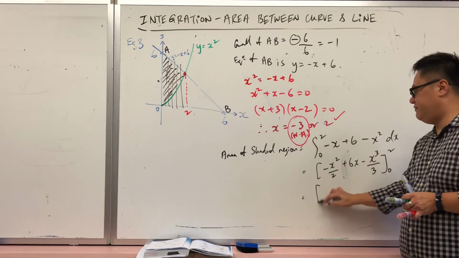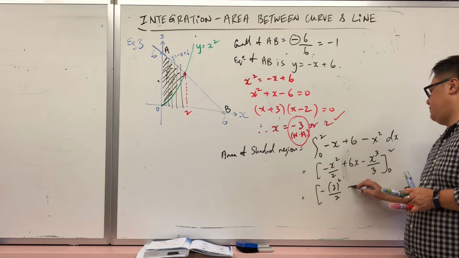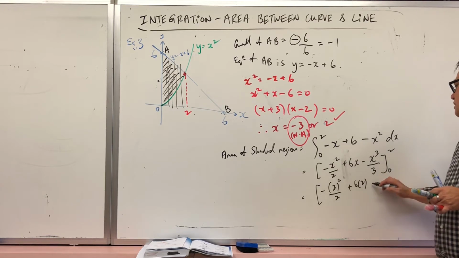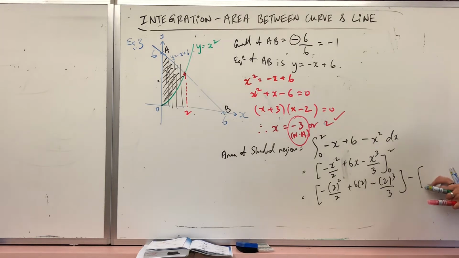Then you just plug in the values. So minus 2 squared over 2, plus 6 times 2, minus 2 cubed over 3, then minus, put in all your zeros: 6 times 0 minus 0 cubed over 3.